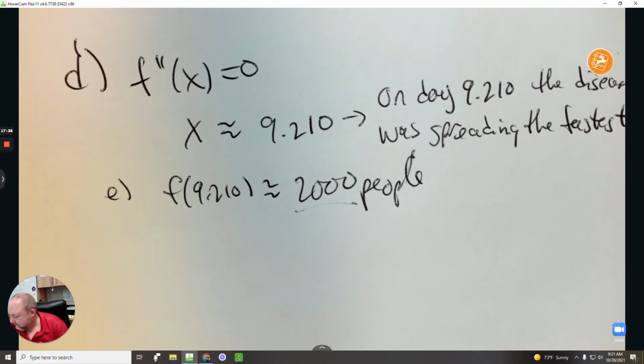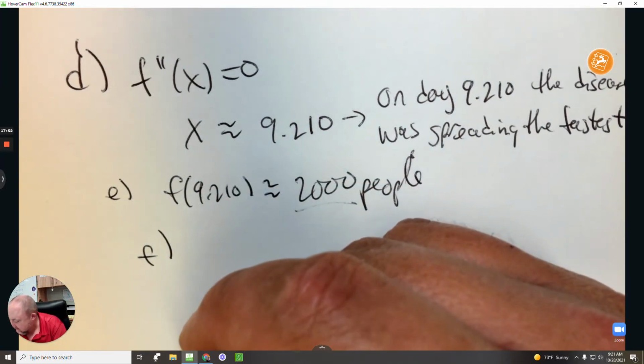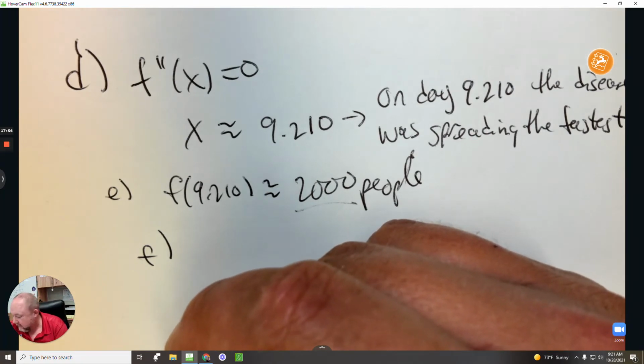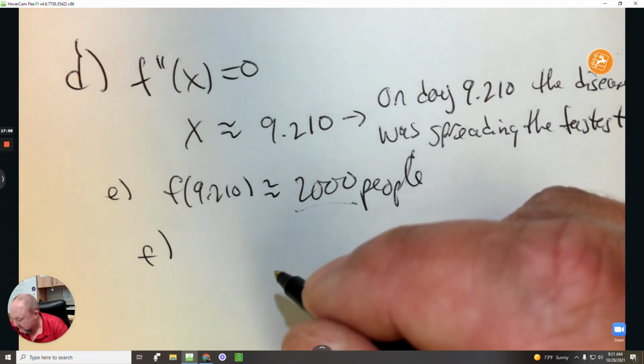F. When was the rate of the disease increasing the fastest? And that would be the third derivative at 0. So the first question was, when was the maximum rate? And then when was the rate increasing the fastest?